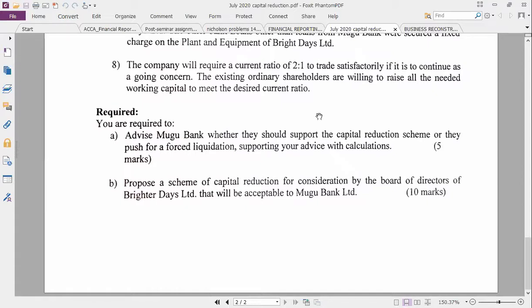That's all. So if they are losing, then they shouldn't push for liquidation, because upon liquidation they will lose. But if they are not losing anything, then they should push for liquidation so that they'll get their money quick. Exactly.